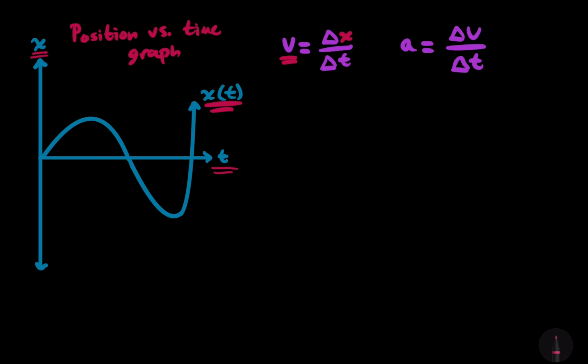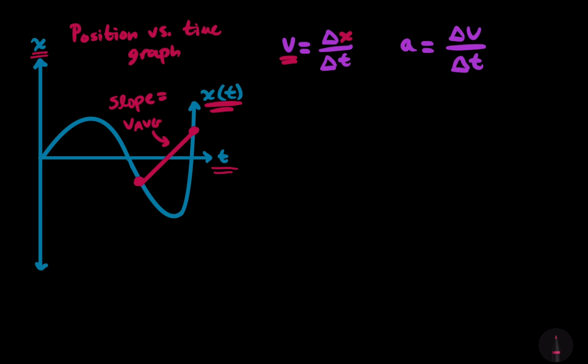But the average velocity is basically just the slope of the secant line between 2 points. Let me show you what I mean by that. I mean, it's the slope of the curve between two given points. So if you want to find the average velocity between, let's say, these 2 points over here, then we would just go ahead and calculate the slope of this line. And so the slope of our secant line is equal to the average velocity over this interval.